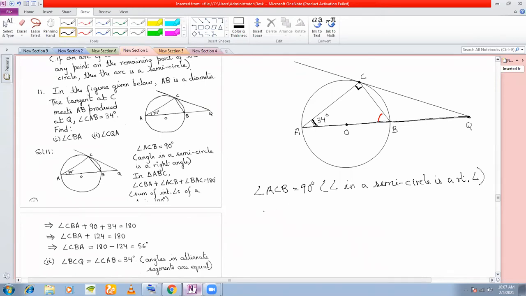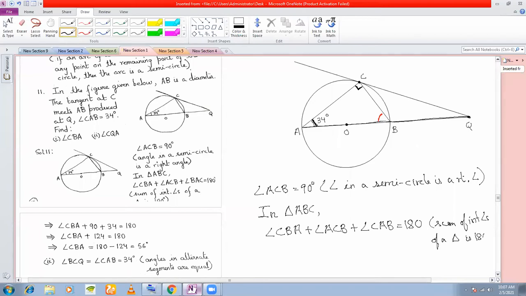Now, if we consider triangle ACB, sum of the interior angles will be 180 degrees so that we can find CBA very easily. So in triangle ABC, the unknown angle, angle CBA, plus angle ACB, the 90 degree angle, plus the given angle, angle CAB, must be equal to 180 degree because sum of interior angles of a triangle is 180 degree.